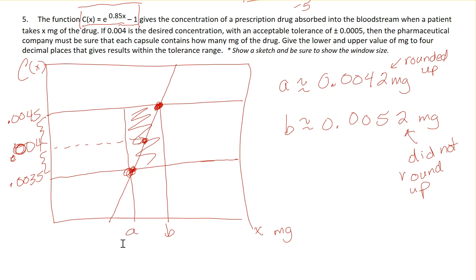So I labeled our A and B values here, and I made sure that I stayed above the first one, so I rounded this one up as the bottom level, but the next one I did not round up. I kept that at 0.0052 because we want to make sure that we stay below that value. And that's the idea of staying within a tolerance window.